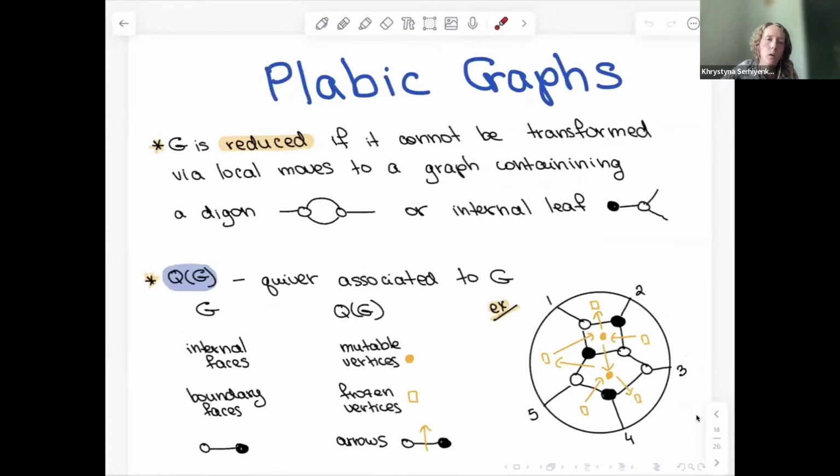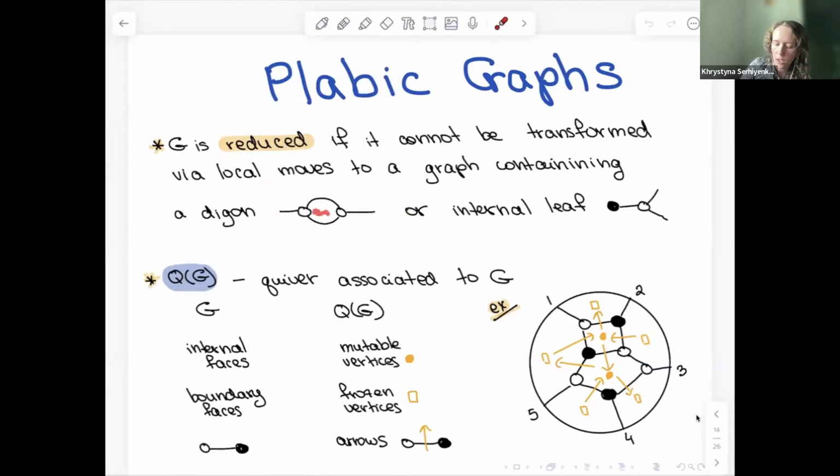Moreover, we don't want to consider all the plabic graphs. We want to consider the nice ones, and the nice ones are called reduced. Again, something we've seen in the previous talk. The graph is called reduced if it cannot be transformed via local moves to a graph containing these two forbidden configurations. So we don't want a digon.